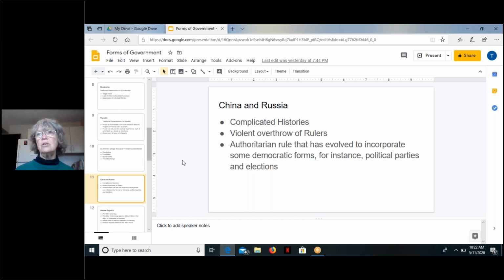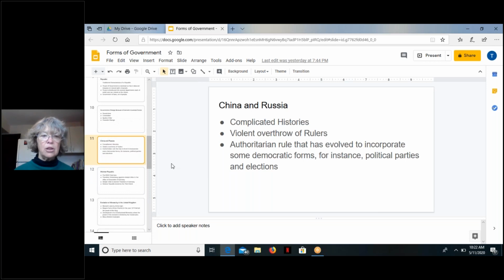We hear about elections being held in Russia. We hear about private ownership of property in China. There are political parties and factions that are tolerated in both of those countries. That is an internal change that has happened within a government that was once considered to be completely authoritarian.